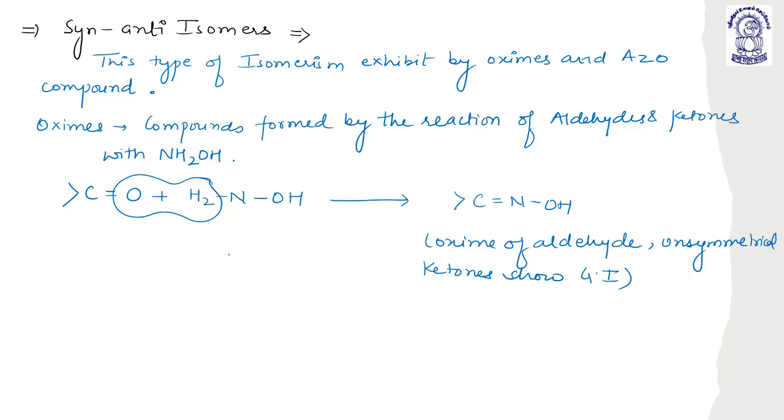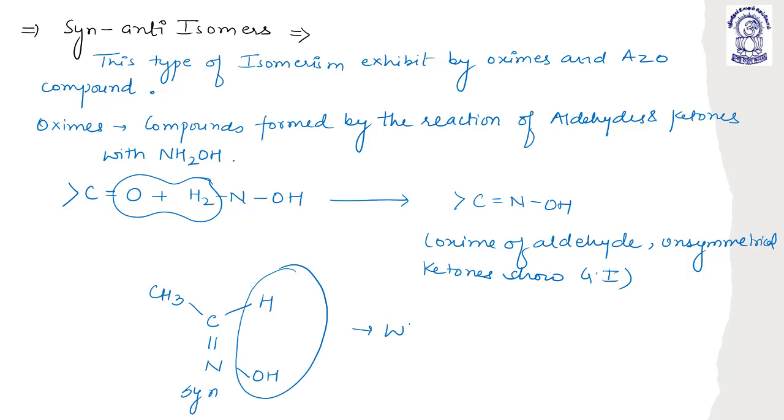For example, if I talk about an aldoxime, the oxime of acetaldehyde, this is known as what? Syn form. Okay, when OH and H are on the same side, it is syn.